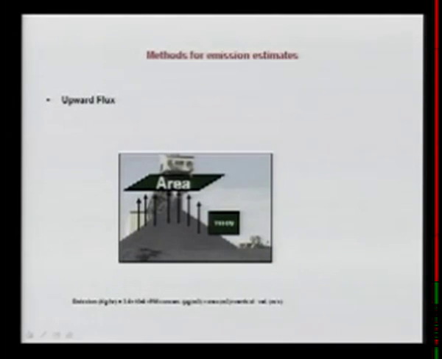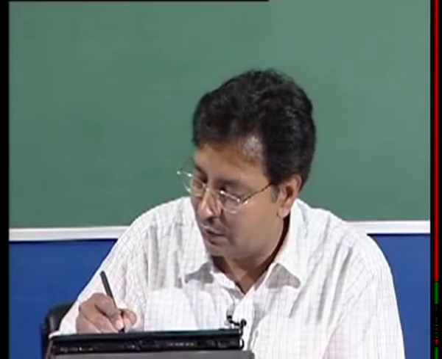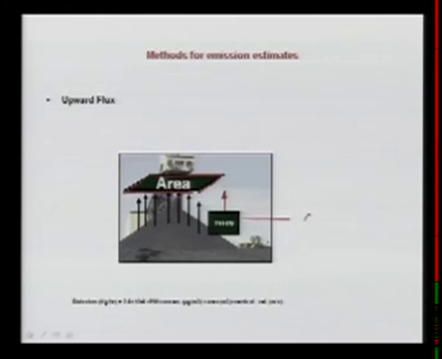As I said, I'll explain the upward flux method. The method is actually very simple. You have to take the area into consideration. That area, you see here, is the area, and on top of it you measure the upward velocity through a small handheld anemometer.